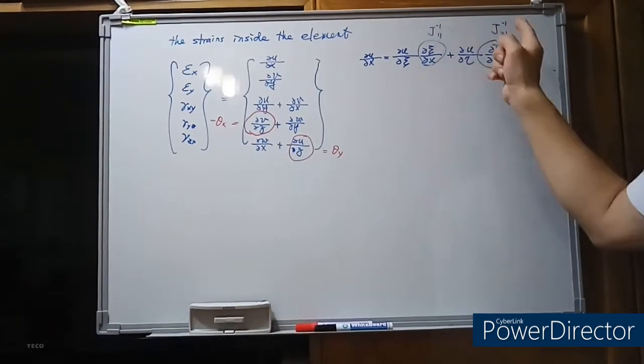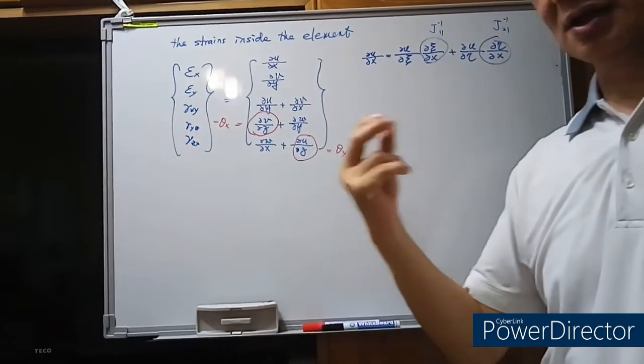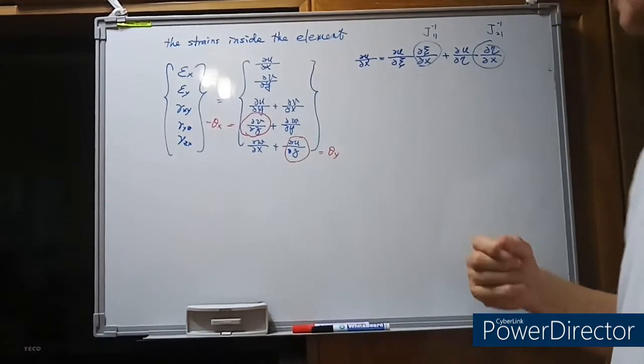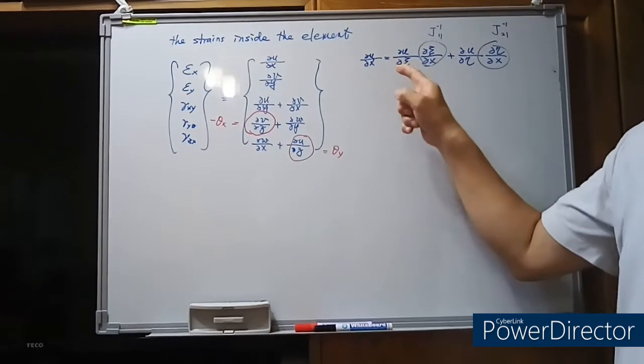So these two elements, we know their values as long as the Xi and the eta are known. And how do we calculate these two?